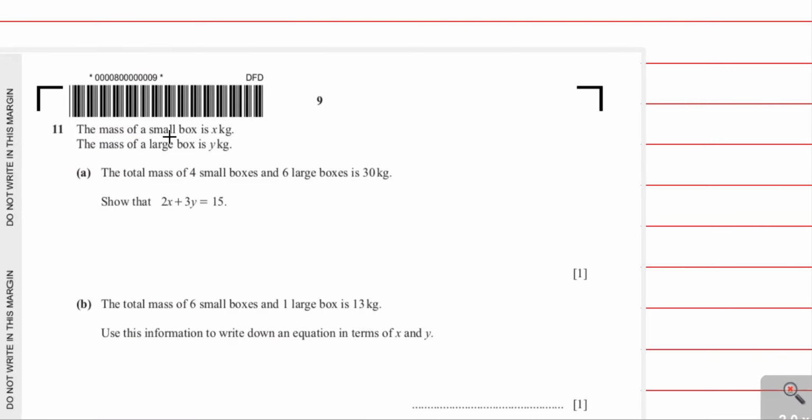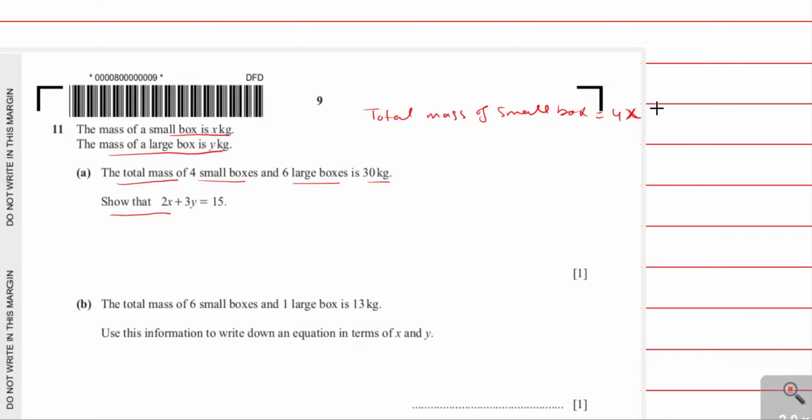Question: the mass of a small box is x kg, the mass of a large box is y kg. Total mass of 4 small boxes and 6 large boxes is 30 kg. Show that 2x plus 3y equals 15. Look here, total mass of small boxes will be equal to the total number of boxes multiplied by the mass of one box. This is x.